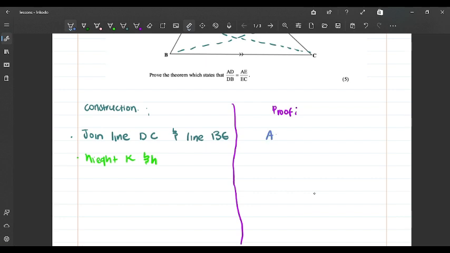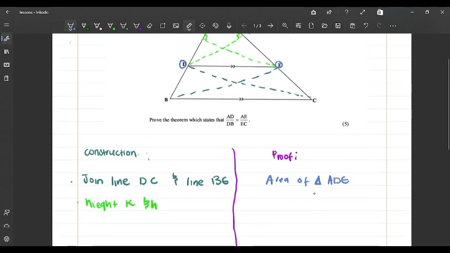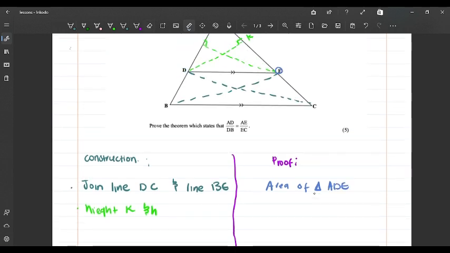This is going to be divided by, so let me quickly erase these here, the area of triangle DEB.